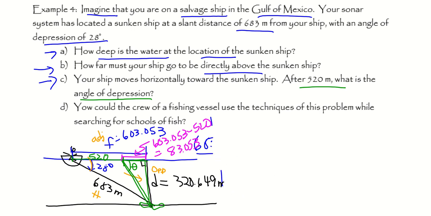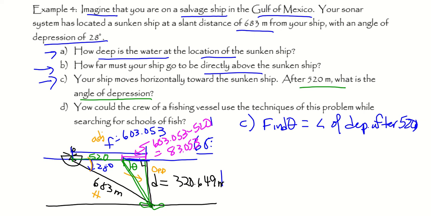And for C then, we're looking to find theta, which is our angle of depression after going 520 meters. So I want to find my angle. I know this side right here, which is my adjacent side.